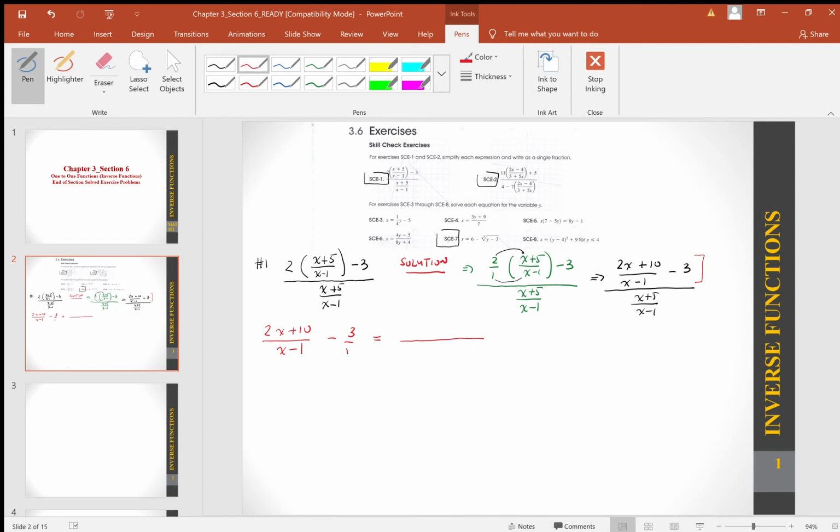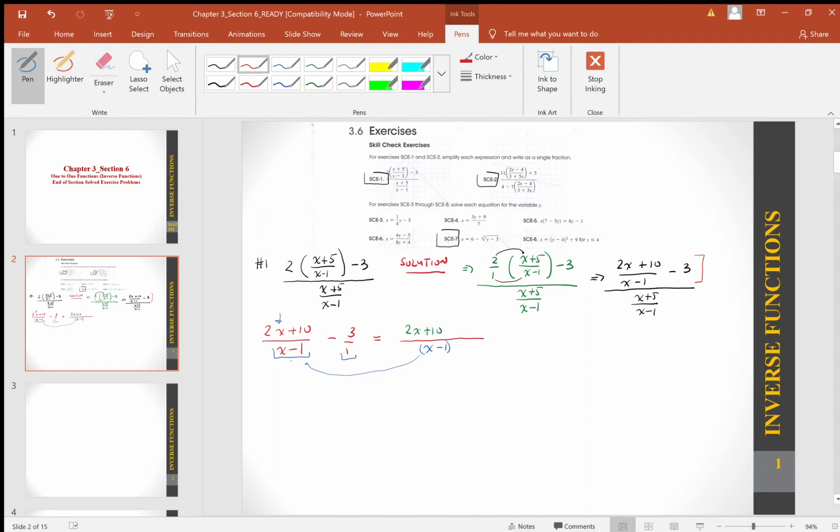Now these are my denominators here, and my denominator for this particular expression is going to be x minus 1. So x minus 1 goes into x minus 1 how many times? One time. 1 times 2x plus 10 gives me 2x plus 10.